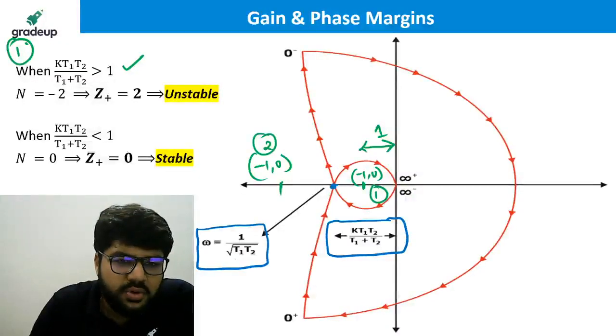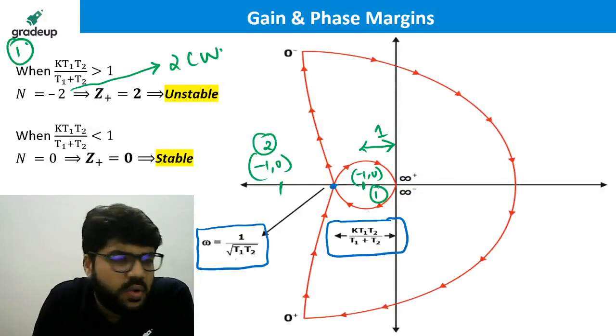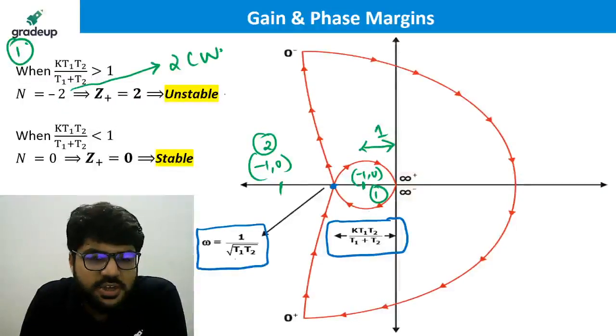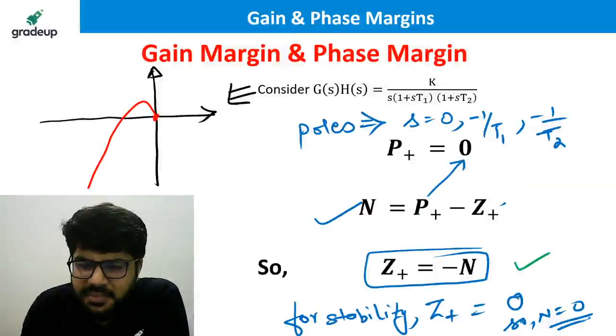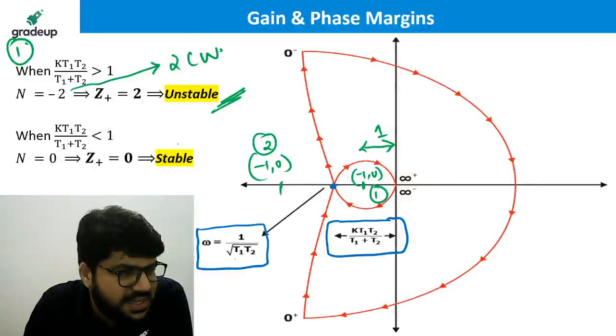So two encirclements in the clockwise direction. That is why this minus 2 is coming up. Two clockwise encirclements are there, so for clockwise we write minus. So if n is minus 2, z is given by minus n, and z is equal to plus 2, meaning that the system is unstable.